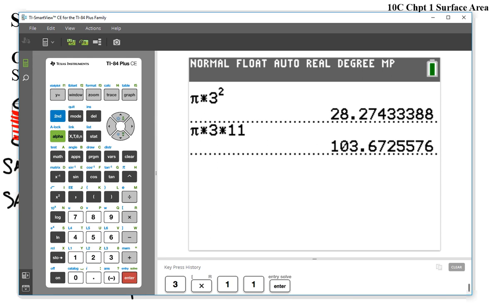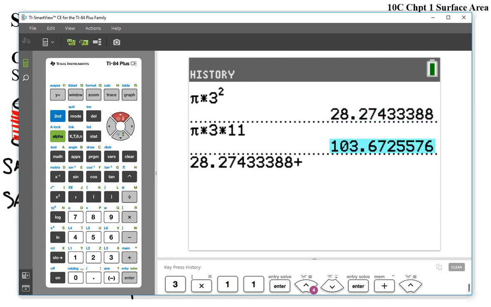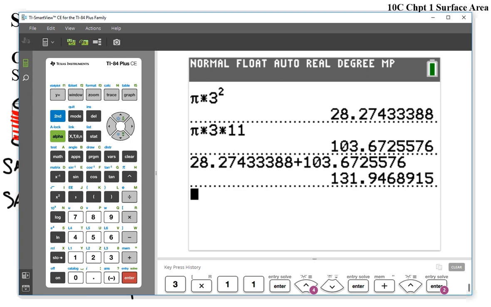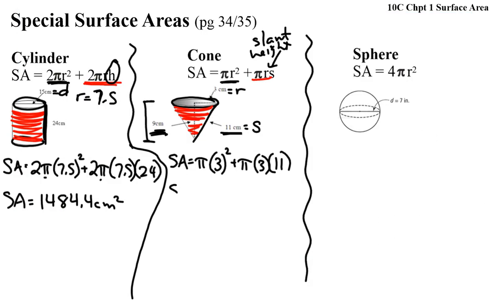Punch that in, and I want to add the 2. So I go up, I want that, I'll hit enter. Plus, go up, grab my second calculation, and that equals 131.9. So we get a surface area of 131.9 centimeters squared for that cone, simply using the formula that's there.